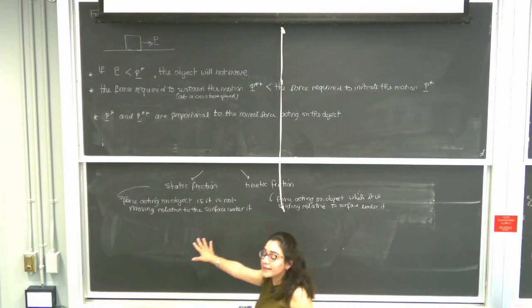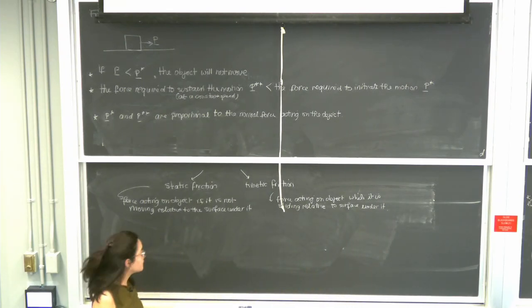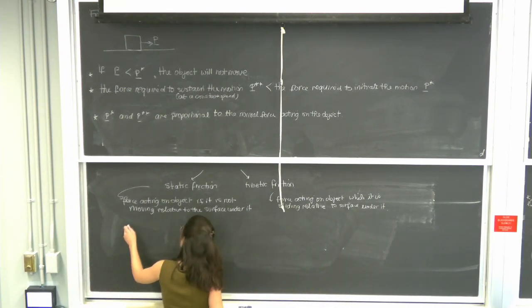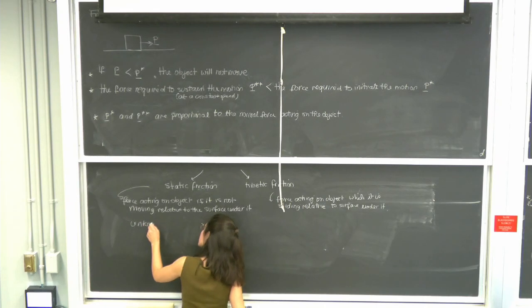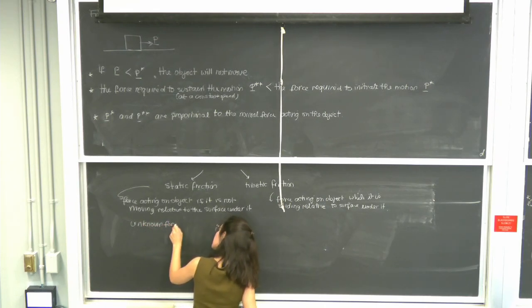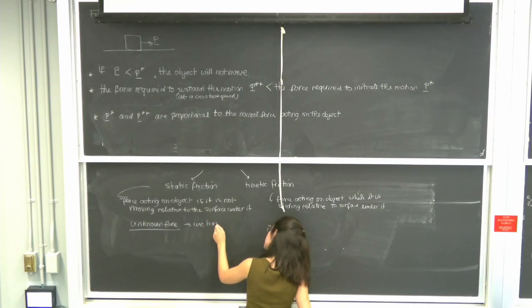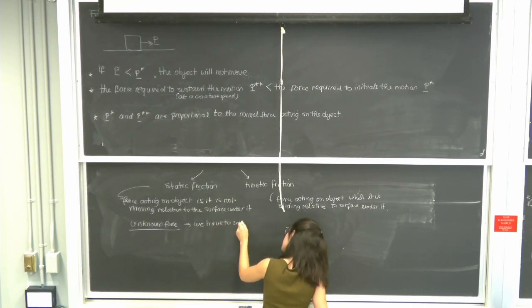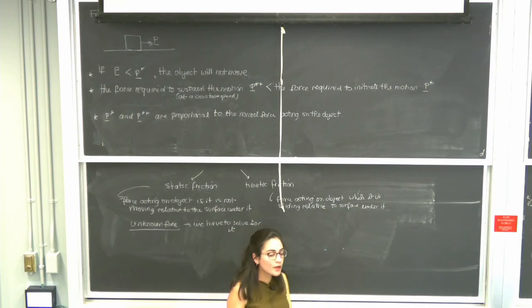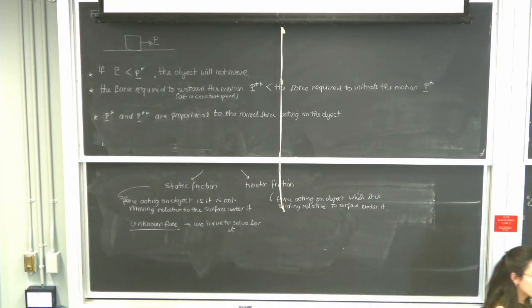Now the static friction force is an unknown force. We have to solve for it. How do we solve for it? We solve for it by relating the acceleration of the object to the acceleration of the surface under it.